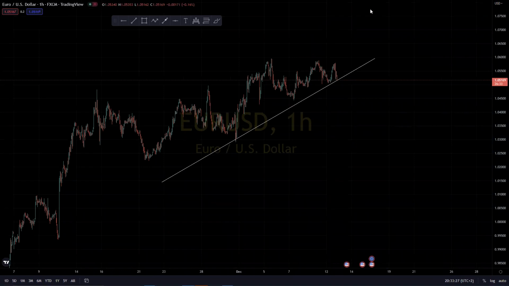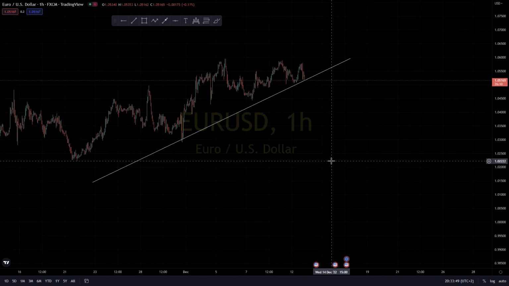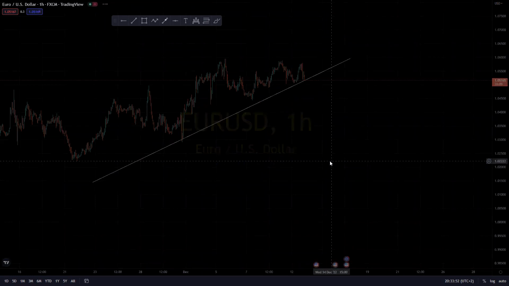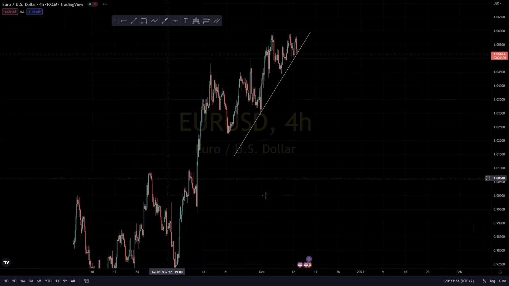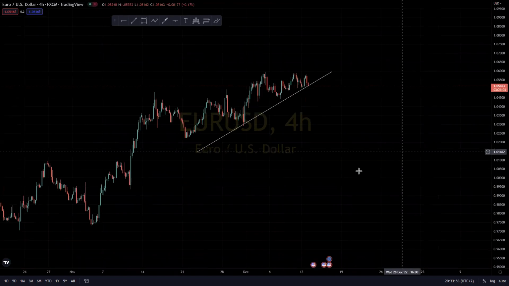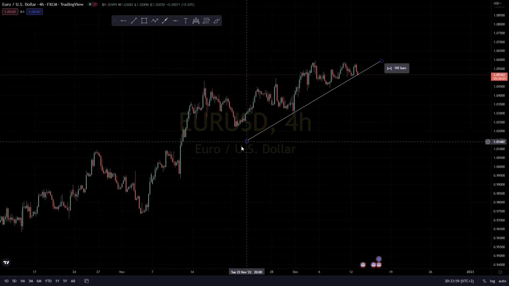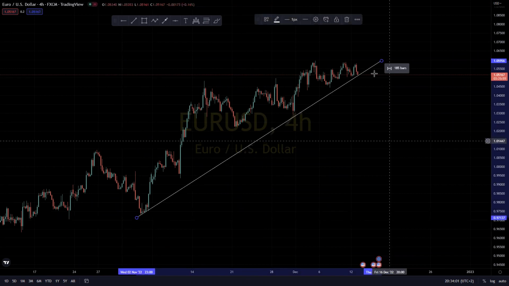It was an uptrend because the market kept creating a series of higher highs, higher lows, higher highs, higher lows, just like this. So if I use a 4-hour time frame, we are going to have a proper visual on this chart.